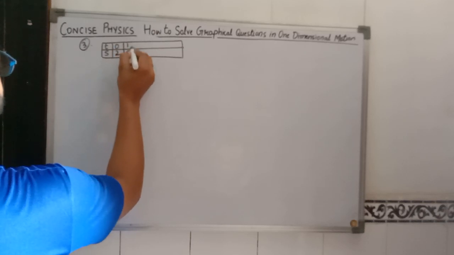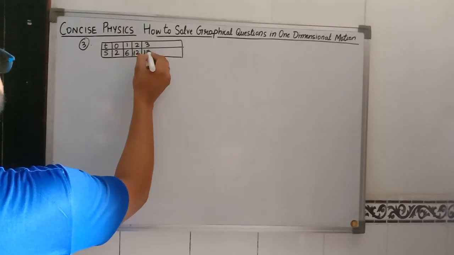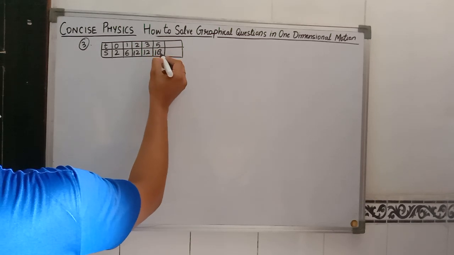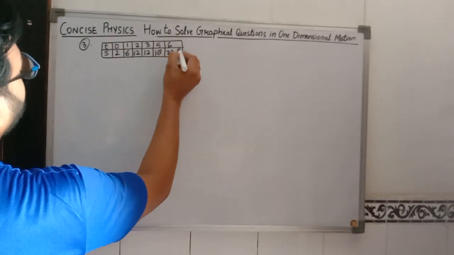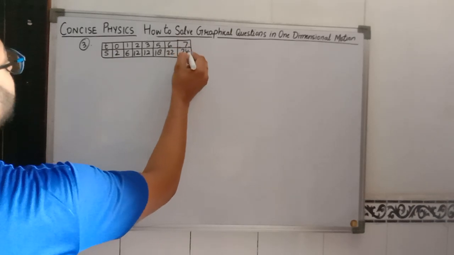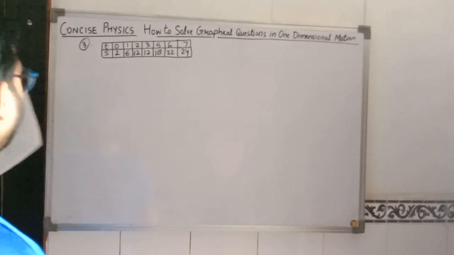Time 1, displacement 6. Time 2, displacement 12. Time 3, displacement 12. Time 5, displacement 18. Time 6, displacement 22. And at last time 7, displacement 24. These are the values. Plot the distance-time graph and calculate.